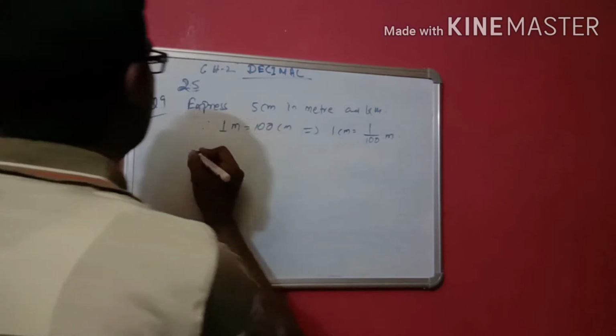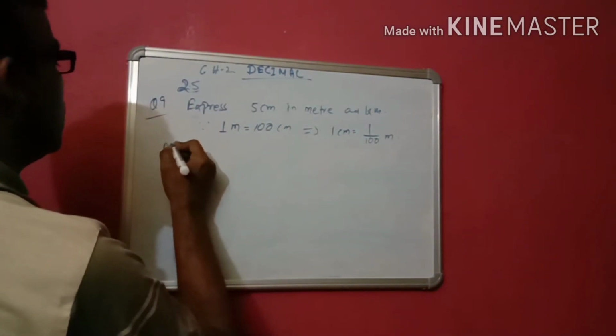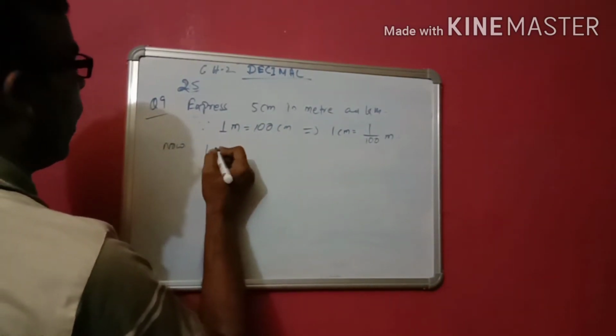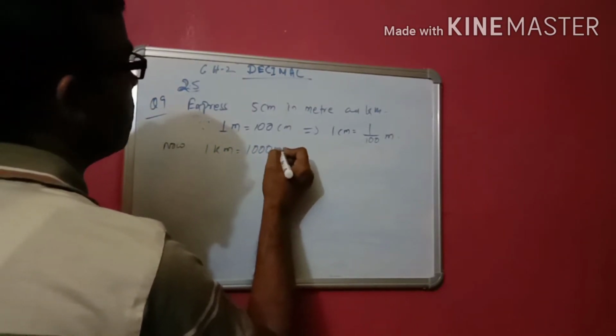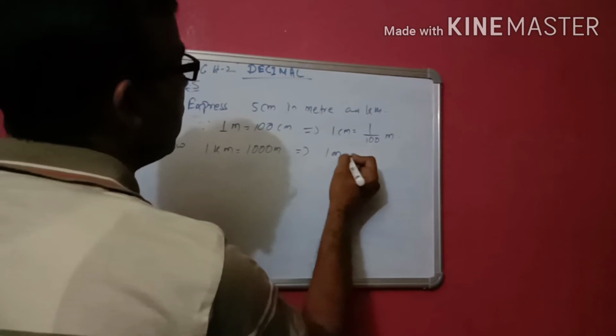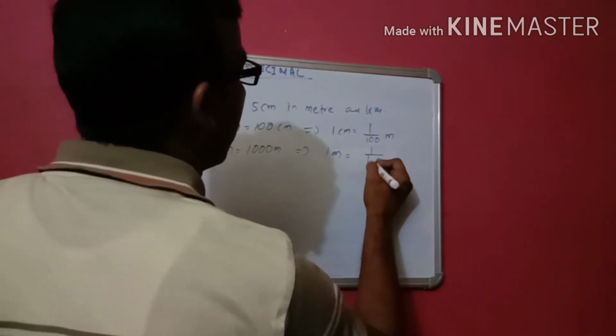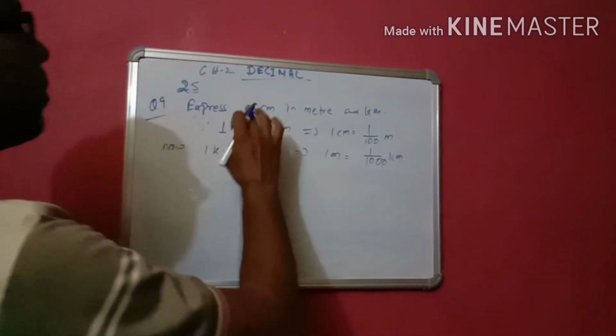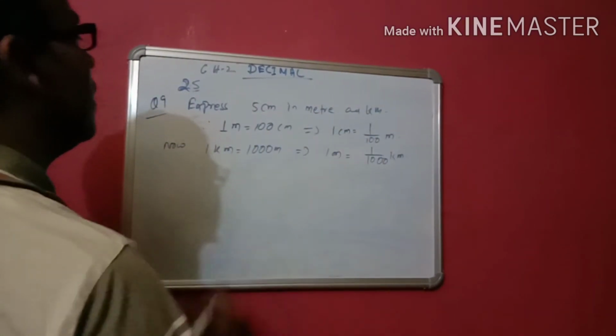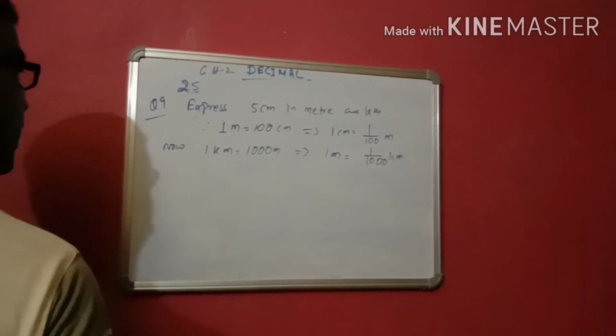Now, as we know, 1 kilometer equals 1000 meter. Therefore 1 meter equals 1 by 1000 kilometer. Now you have to change 5 centimeter into meter, then kilometer.